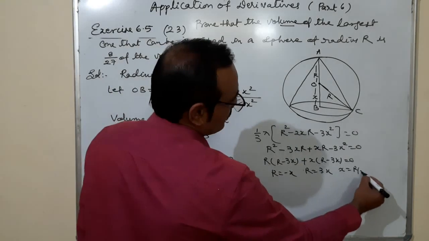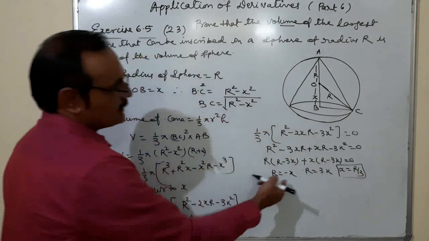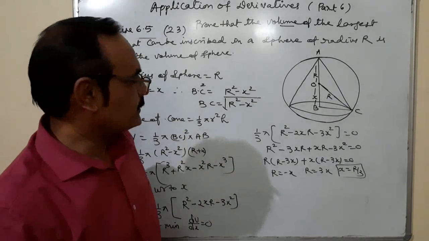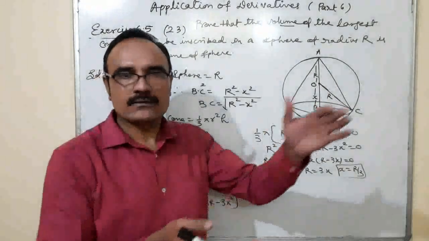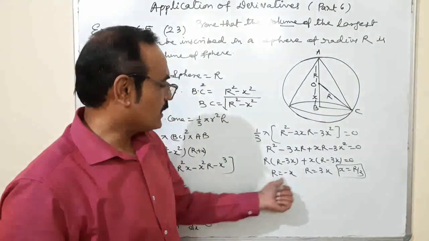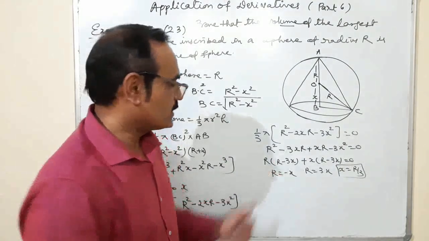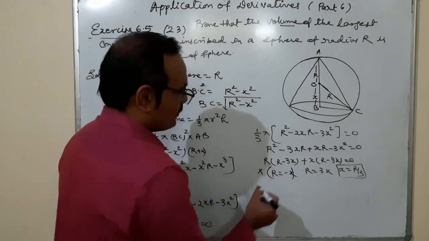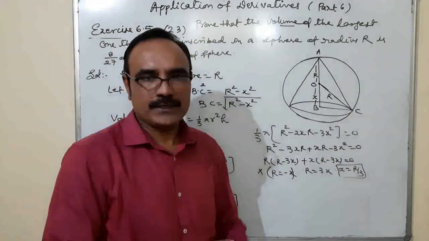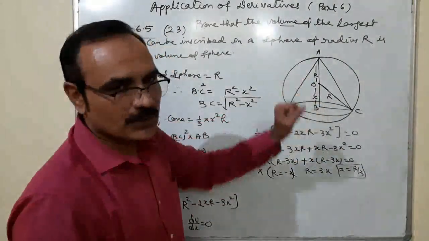Therefore x is equal to R by 3. R is equal to minus x is not possible. R and x both are side lengths, they will never be negative. So this is an impossible condition. The possible condition is x is equal to R by 3.